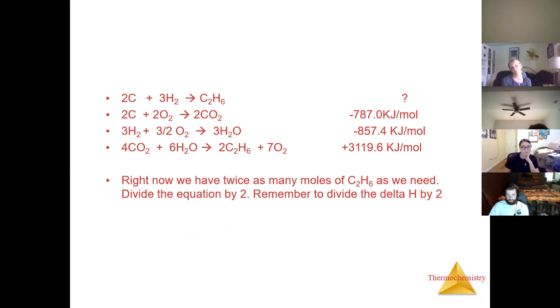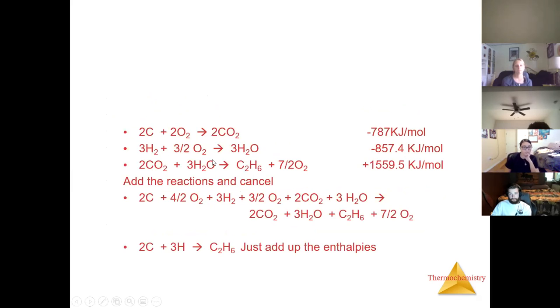Now, is my number of C2H6 correct? No. So what do I have to do to the bottom? Divide it by 2. This gives me my new enthalpy. Add up everything.